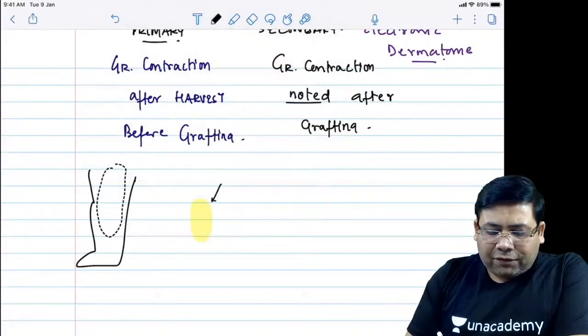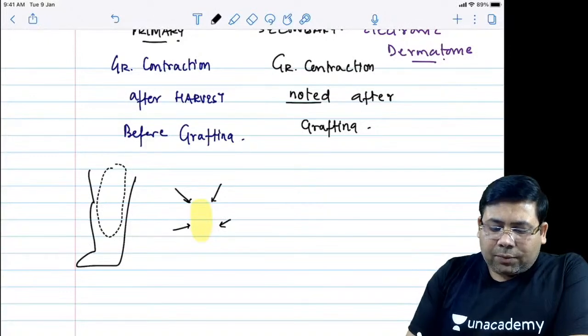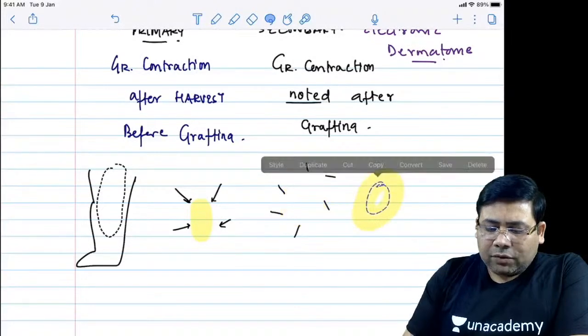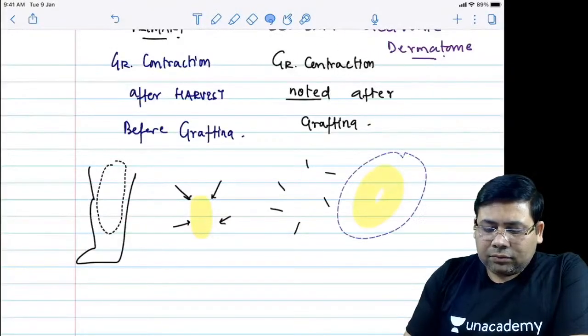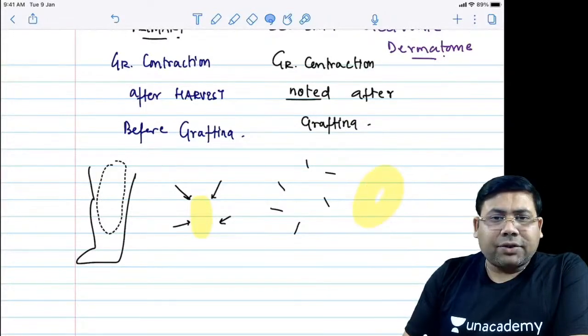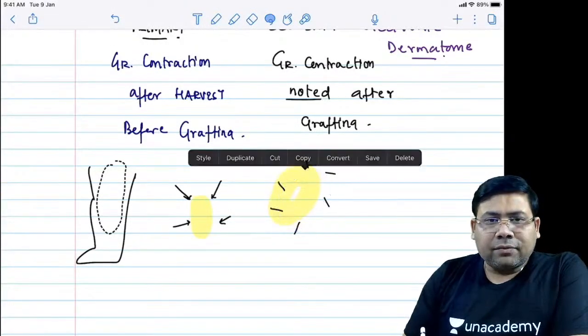And once you have grafted the tissue, suppose after grafting it contracts in size. This is what is known as secondary contraction.